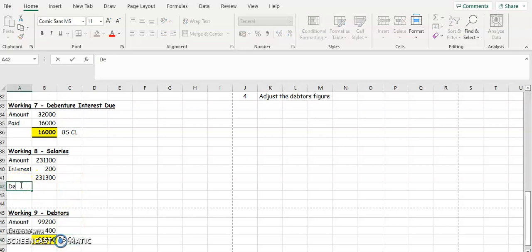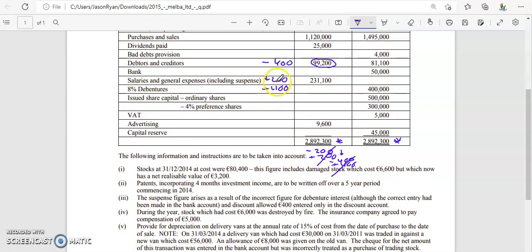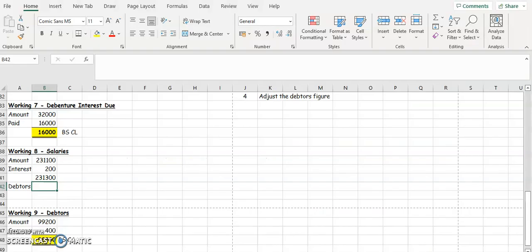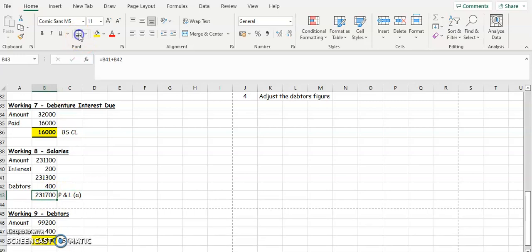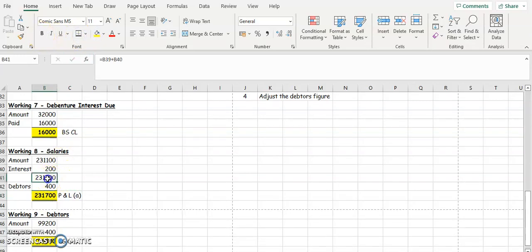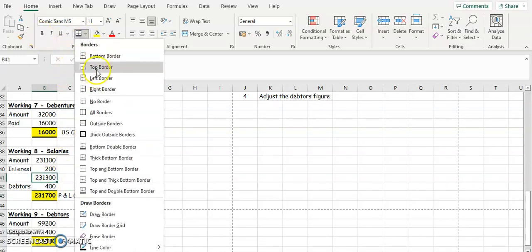And then we need to adjust our suspense figure. So we said we're going to plus 400. If we add those two together, that's going to be our new suspense figure that goes into your profit and loss. Because it's salaries, it's going to go in as part of administration. And that's your adjustment done for your suspense.